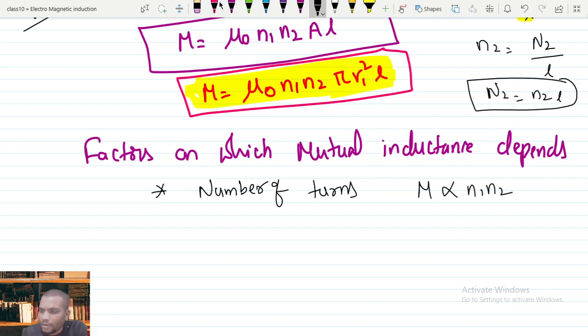So if the number of turns in the two solenoids is more, or in this case precisely the number of turns per unit length, or you can also write that mutual inductance is directly proportional to capital N1, capital N2, then the mutual inductance of the two solenoids increases.